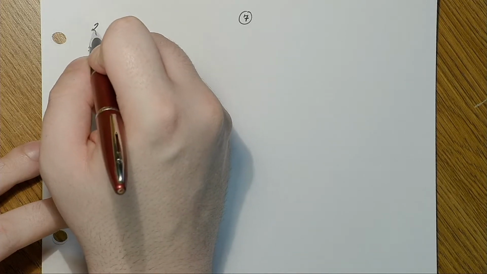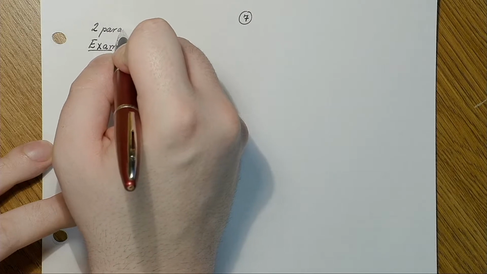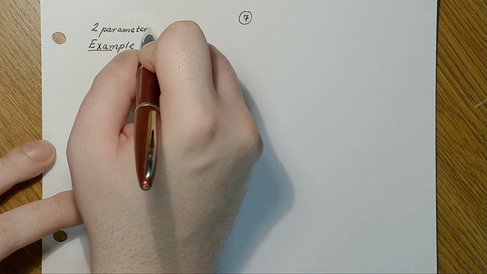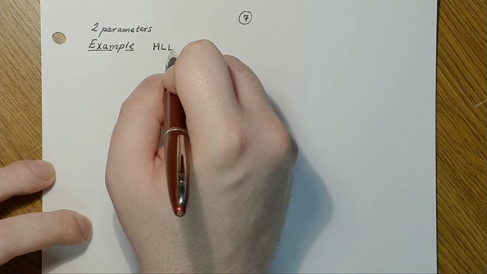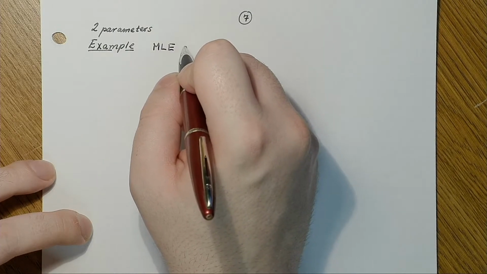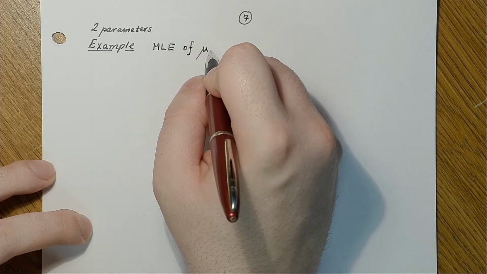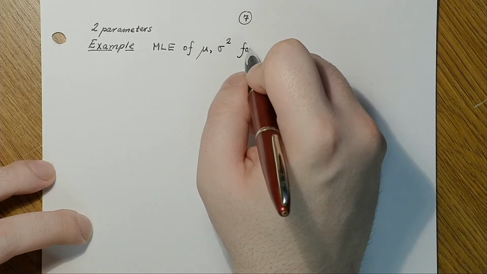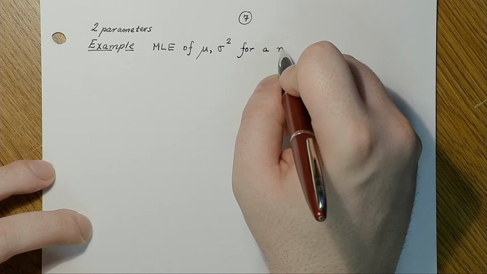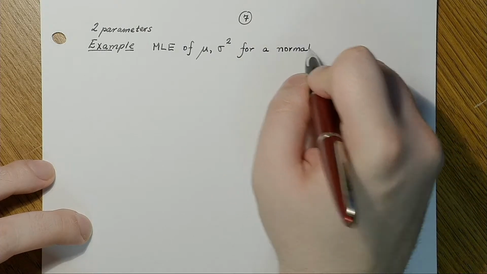So this is now 2 parameters. And this is the maximum likelihood estimator of mu and sigma squared for a normal distribution.